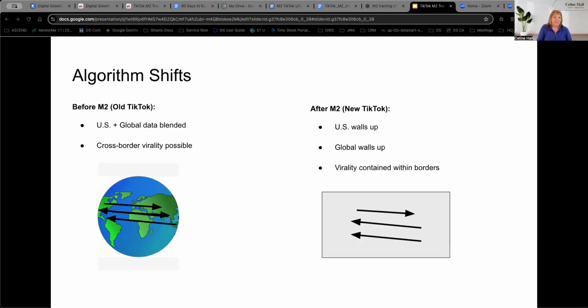Don't think of this as a bad thing. With the reset, early adopters can dominate before the competition catches up. This is why I really wanted to get this training out to you guys ASAP, because this is just happening right now in the news. It's really important that you have this information.